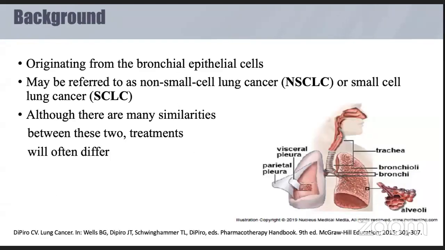Let's start with a brief background about lung cancer. Lung cancer originates from the bronchial epithelial cells in the lung. We have two types of lung cancer: small cell lung cancer and non-small cell lung cancer. Although small cell and non-small cell lung cancer share many characteristics, they are treated differently.